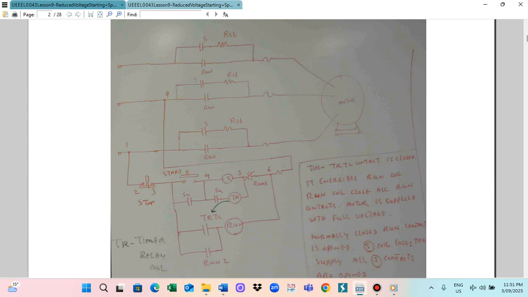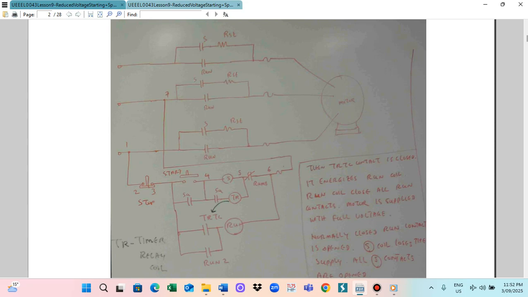The normally closed run contact opening means the starting coil is no longer energized, so all starting contactors are open. This way, all the starting resistors are removed from the connection. The running contactors are now closed, so the motor will run with the full voltage. The run contact also bypasses the timing contact, so we don't need the timer function any more.